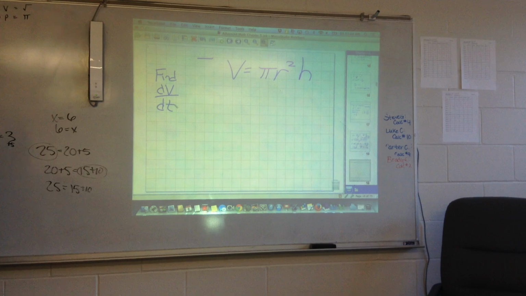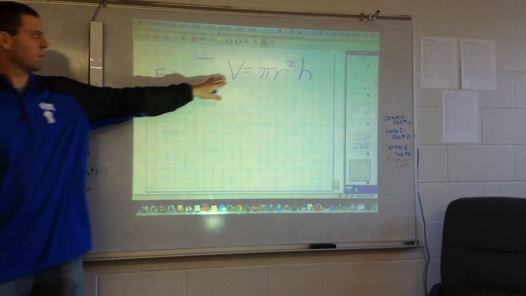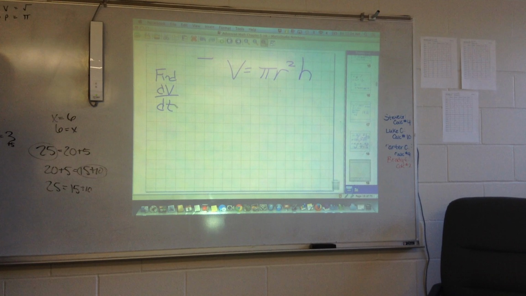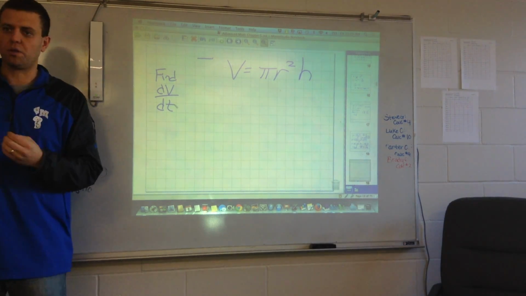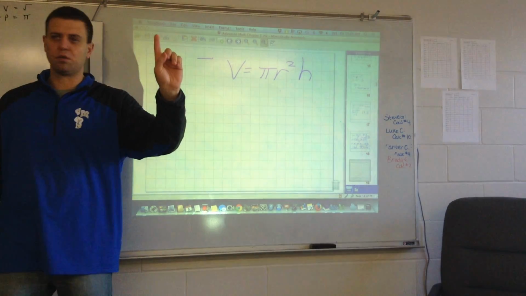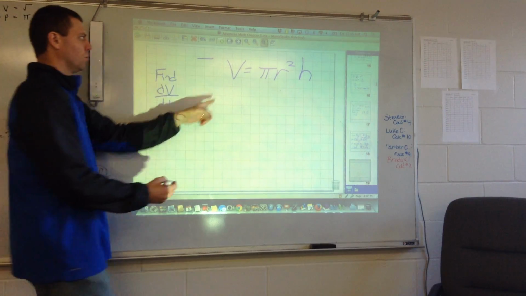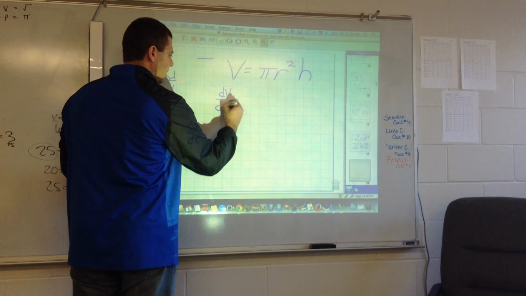Over dt. You had to do that implicit differentiation. It'd be the same thing here. What is the derivative of the variable V? 1, but you're not differentiating with respect to V, so after you find the derivative of V, which is 1, you have to multiply that by dV dt. So really this becomes 1 dV dt.